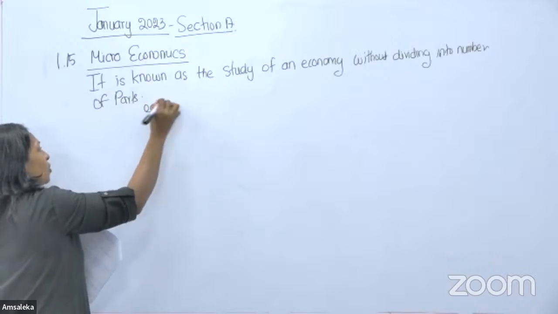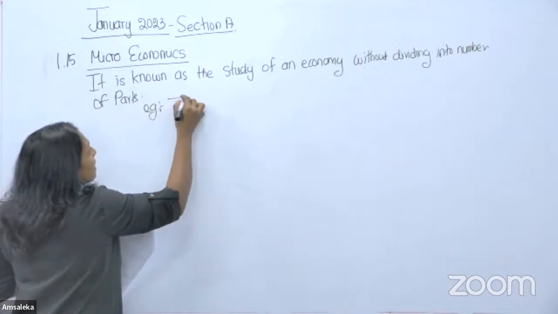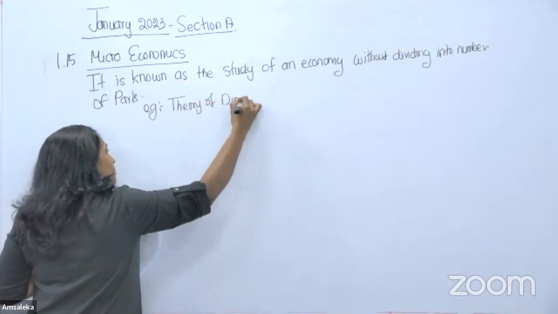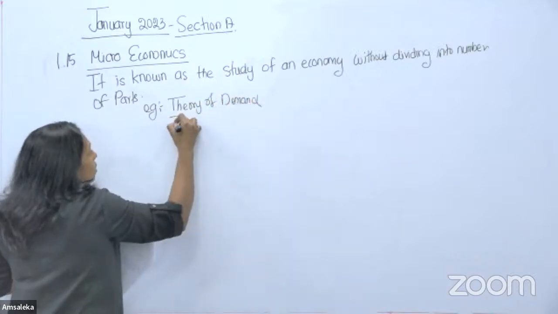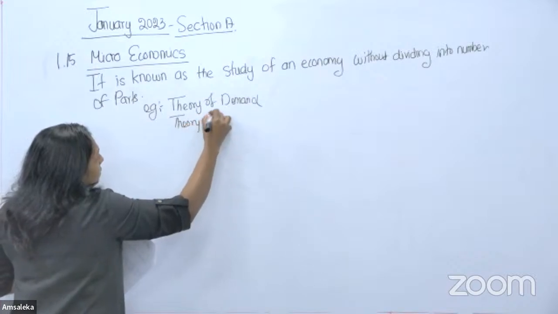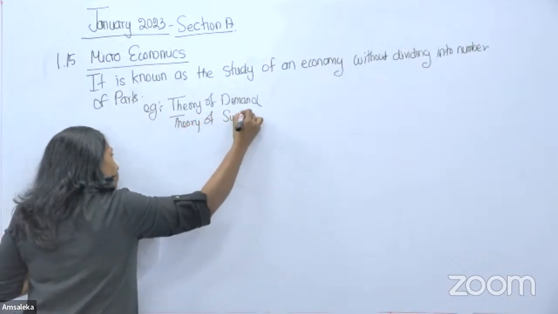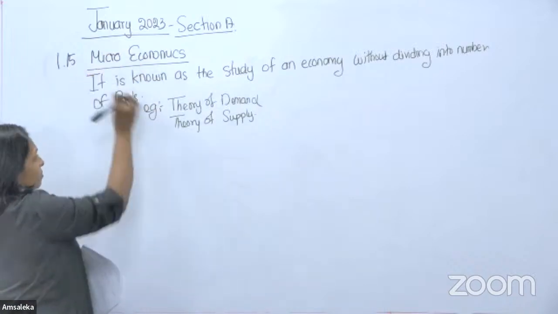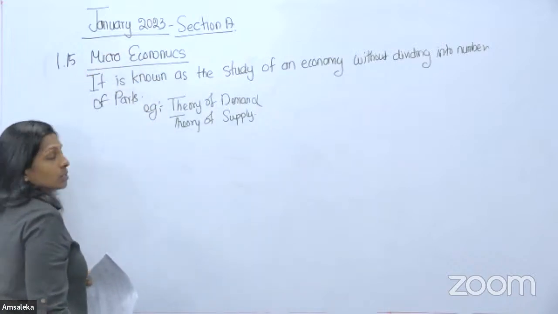So for example, better you can write 2 examples, like theory of demand, theory of supply. See, the topic only, I explained with example.